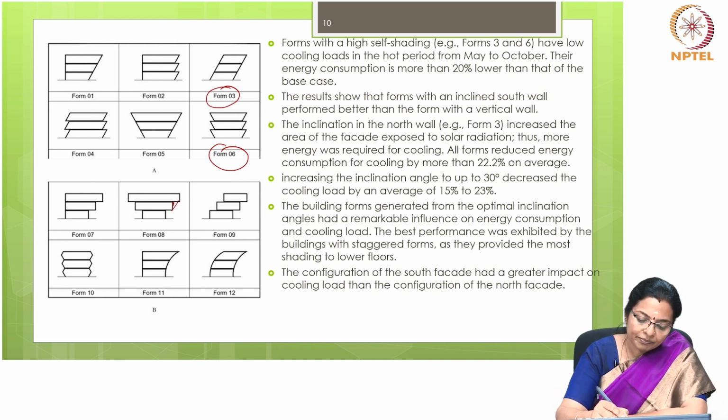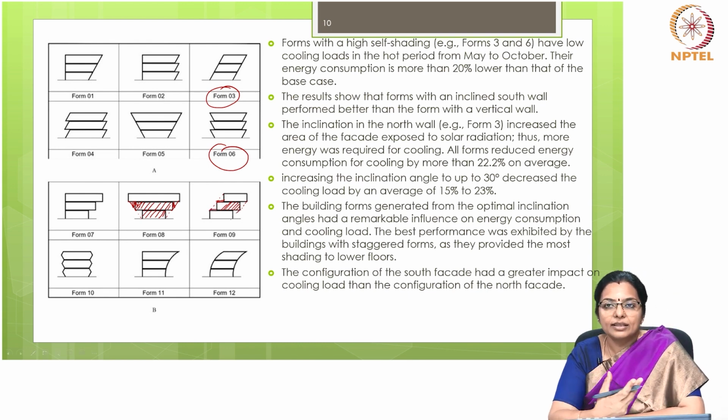You can see this entire wall that falls under the shadow region because of the shading provided. So, because of this shading, even the roof gets shaded in this area.